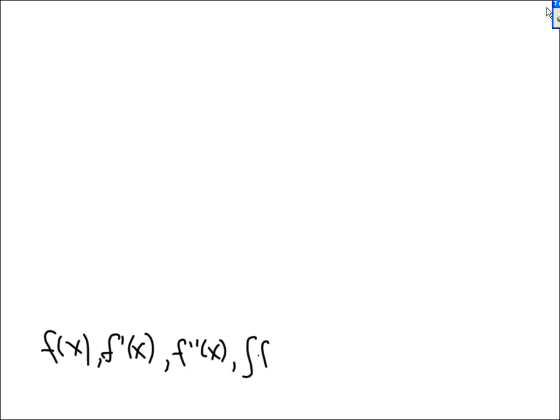Next problem, they give us one power series, and they ask us to find the interval of convergence for a number of things: f of x, f prime of x, f double prime of x, and the integral of f of x dx.